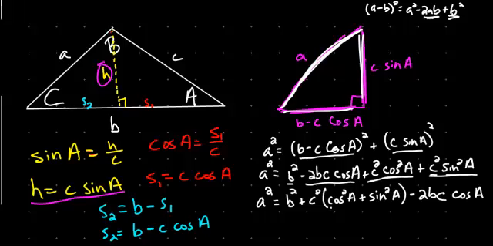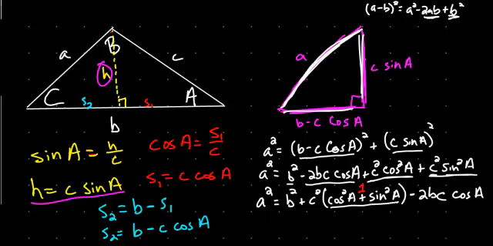Okay, and now you should know what that is. Cosine squared plus sine squared of the same angle. Cosine squared a plus sine squared a is a big fat 1. Sine squared plus cosine squared from our unit circle is 1.